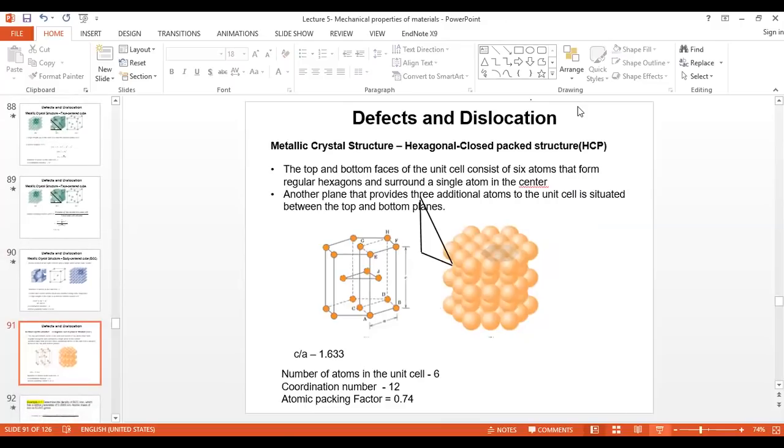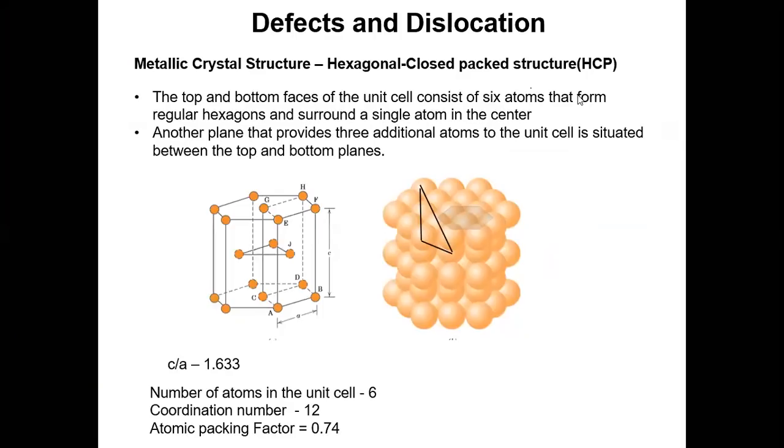This is the third one, as I explained earlier. This one we call the hexagonal close-packed structure, the HCP structure. Please observe the atomic arrangement.